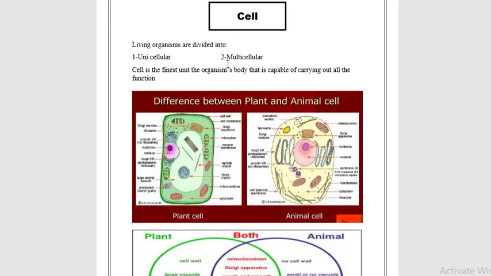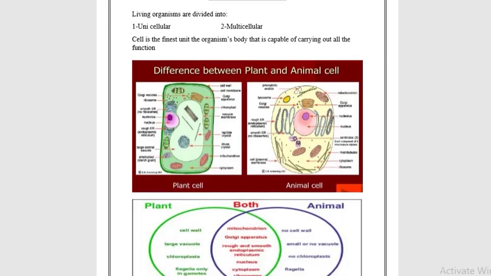Or they are multicellular, like humans. We have muscular cells, nerve cells, and skeletal cells, which are found inside your bones, and so on. They are different in shape and in function.